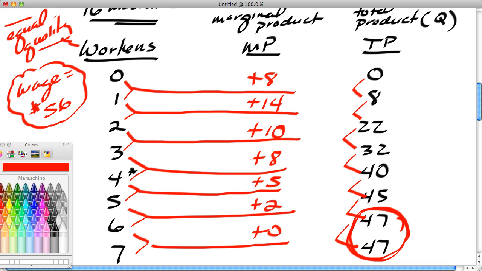So what we're going to see from this is very interesting. We're going to see that different units cost the firm different amounts because of this changing marginal productivity. Changing marginal productivity is going to change the cost of a particular unit. You'll learn in the next segment that the cost of a particular unit is the marginal cost of that unit. So moral of the story, in fact, let's write it out.